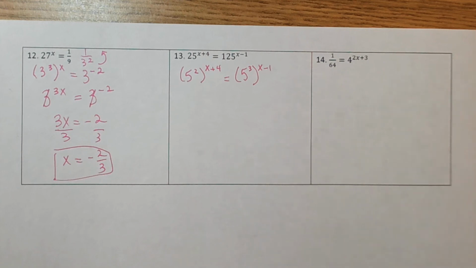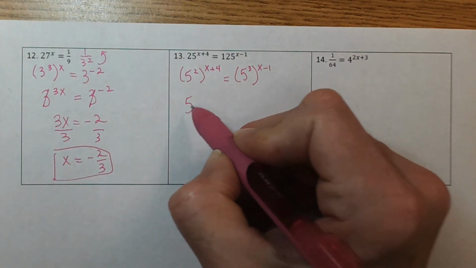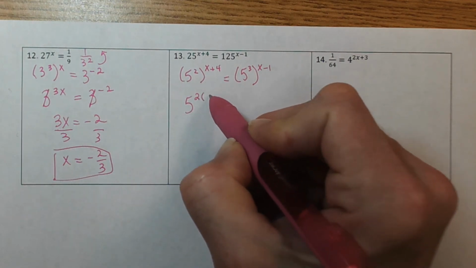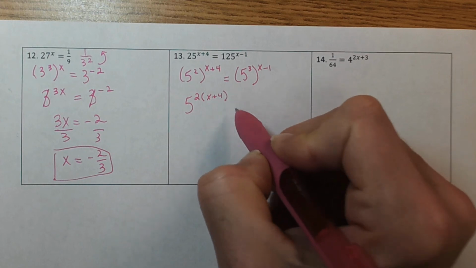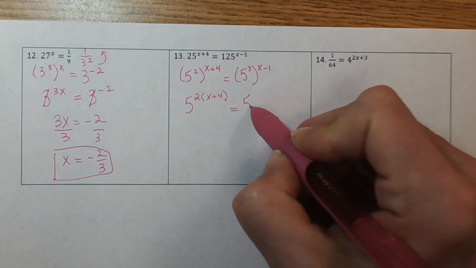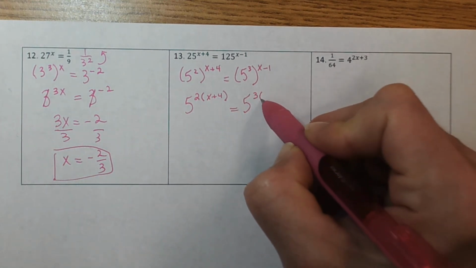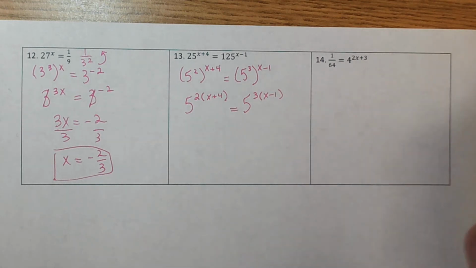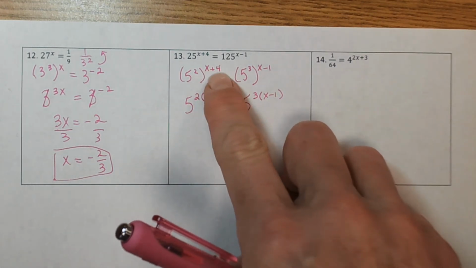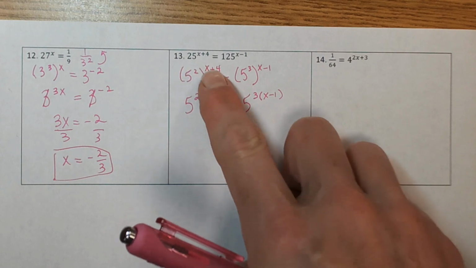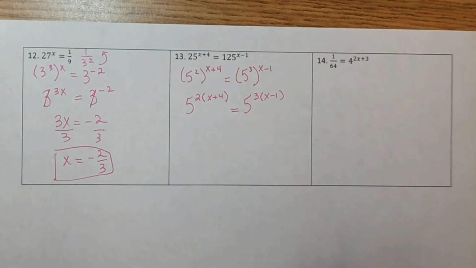Now, guys, here's where you have to be really careful, because when we're multiplying these, we have to distribute. So this is going to be 5 to the 2 times x plus 4 is equal to 5 to the 3 times x minus 1, because this is part of the exponent, so it's 2 terms, so that 2 needs to multiply by both terms.